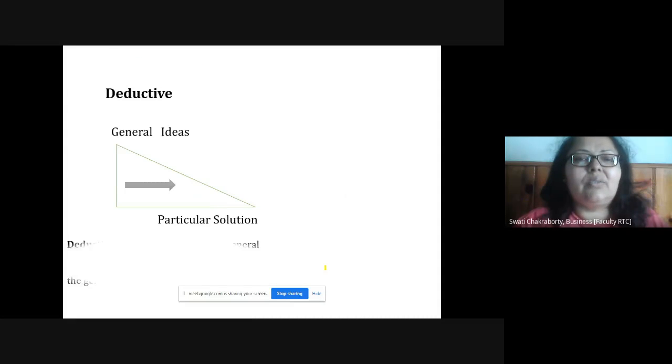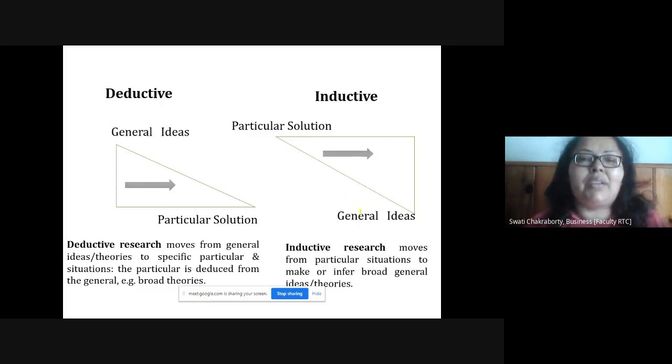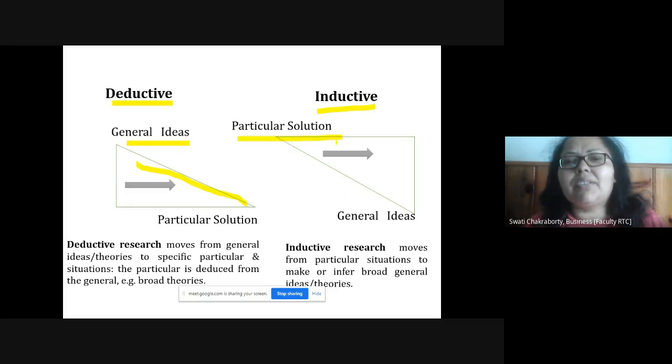Okay, so next we go to deductive and inductive method. Deductive is when we come down from a general idea to a particular solution. And inductive, on the other hand, is when from a particular situation, you develop some new concept, new theories, so general.